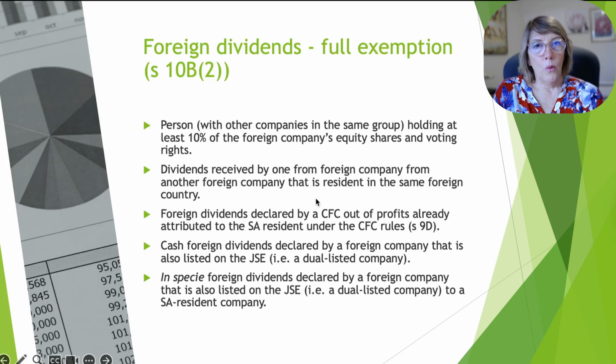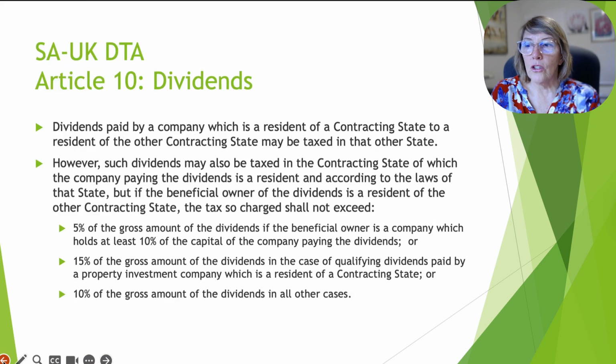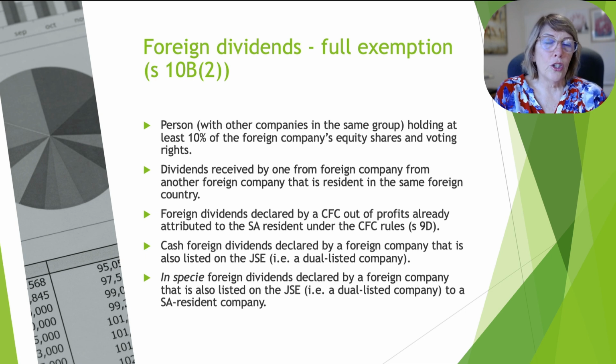But then, when we have this potential double tax, the withholding tax that applies in the UK will be capped at this certain amount. All right, so it depends on your holding in the company. 5% if you hold at least 10% of the shares, 15%, etc. Okay, so you could have a withholding tax that applies in the UK, capped at a certain rate.